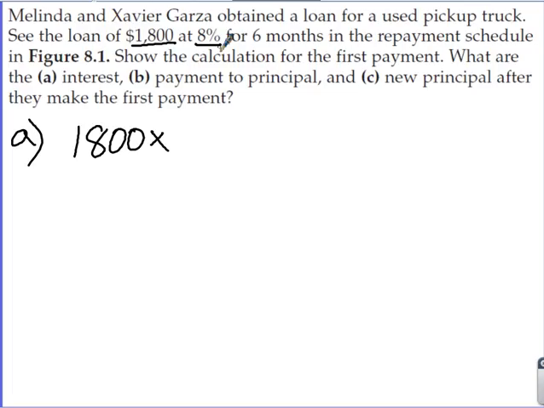Now, it's 8% APR, annual percentage rate. We have got to change 8% into a decimal form, but we have to divide it by 12. Okay, so my R value that I'm going to use is 0.08 divided by 12, which works out to be 0.00667.